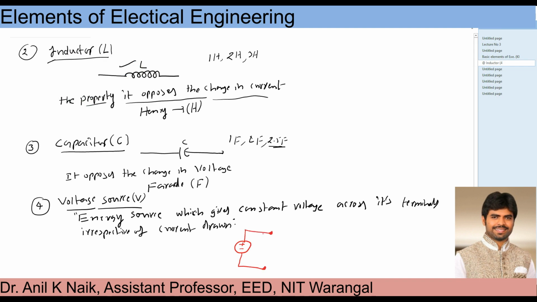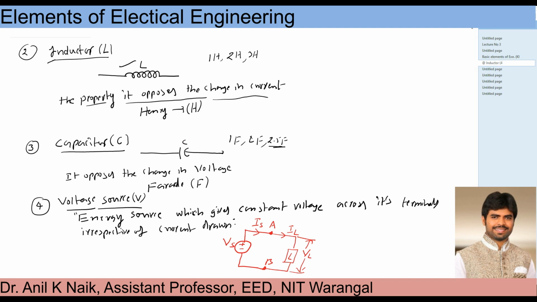I'm drawing my terminals, voltage source Vs. At the AB terminals, I'm connecting a load. When you connect some load here, it is going to draw some current IL, and the voltage across your load is VL.